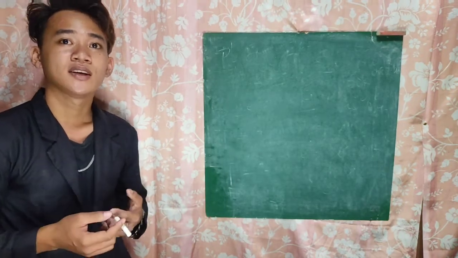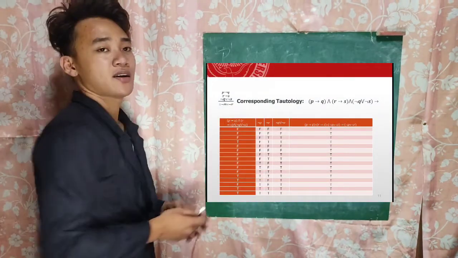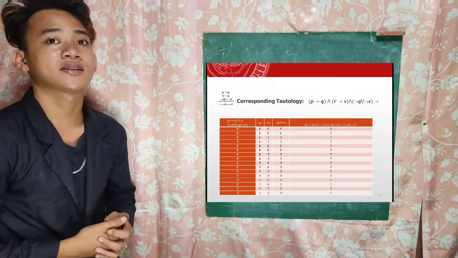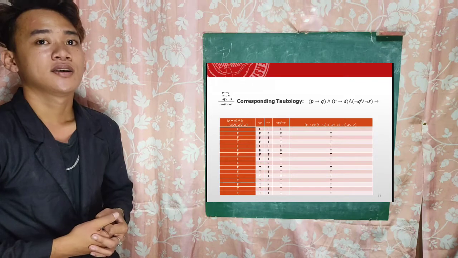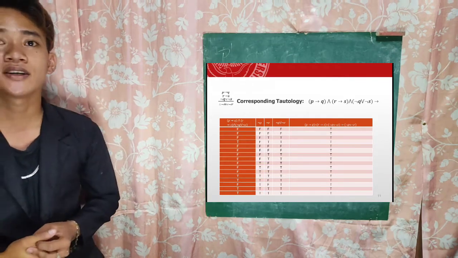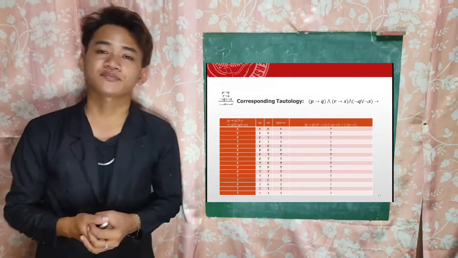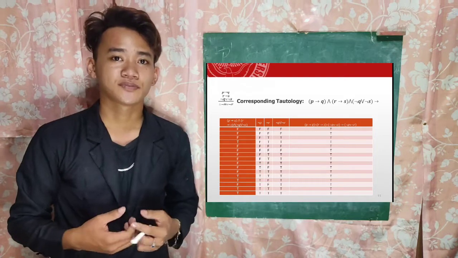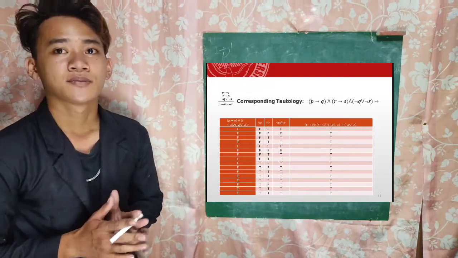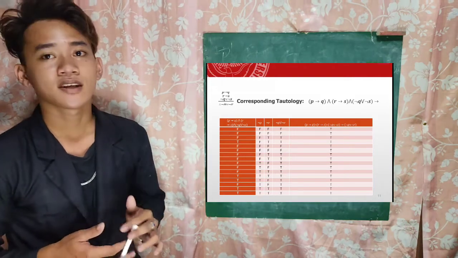So let's proceed. Destructive dilemma. So if the statements P implies Q, R implies S, and not Q or not S, and therefore it is not P or not R. So this is the presentation.